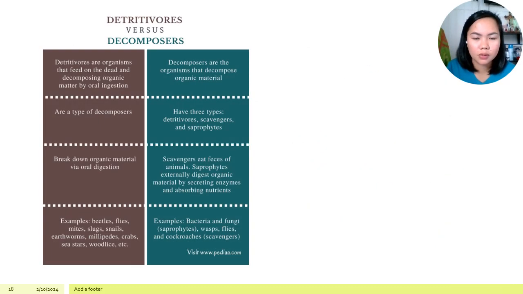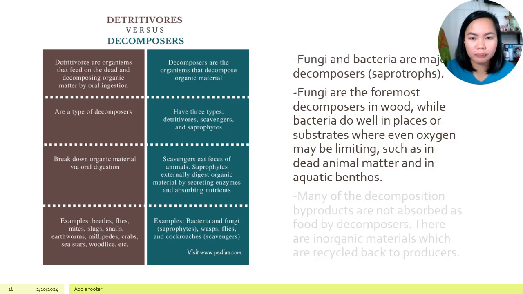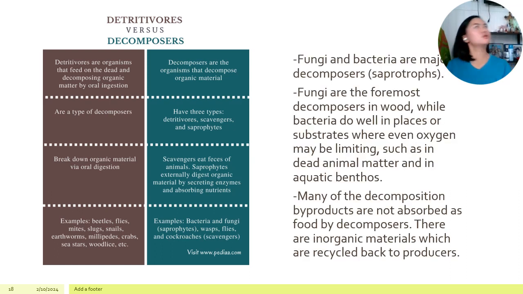Okay. So, let's compare them side by side. Detritivores are sometimes forgotten as decomposers. So, detritivores are organisms that feed on dead and decomposing organic matter by oral ingestion, meaning they eat it and it is decomposed in the stomach.